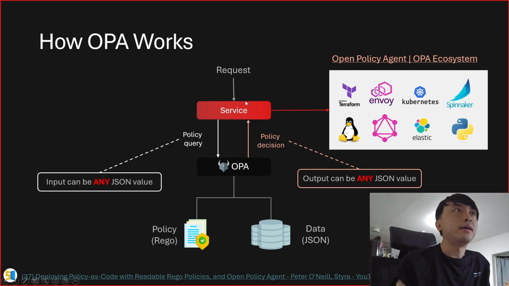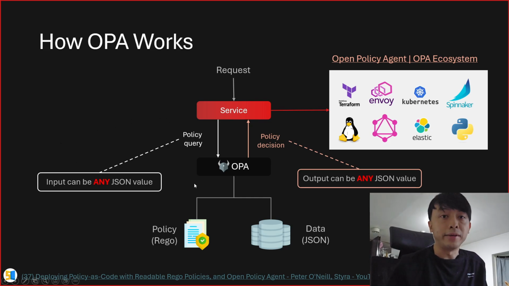Let's say a request comes into the service, and the service needs to know whether this request should be allowed or not. Then the service can send a policy query to OPA, and it can be any JSON value.